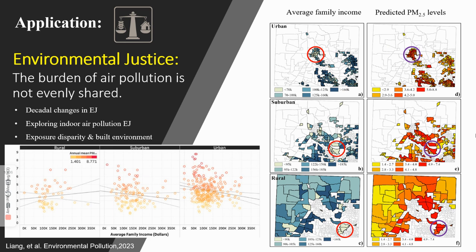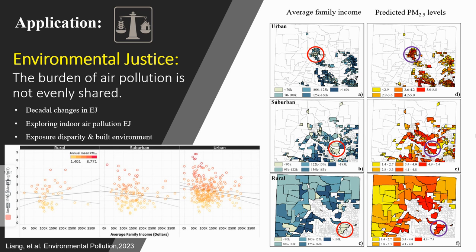Statistically, for the suburb and urban categories, we can see a significant negative correlation, which suggests that some lower income families or neighborhoods actually have higher PM 2.5 exposure. But note that this is just a representation of a few days of samples.